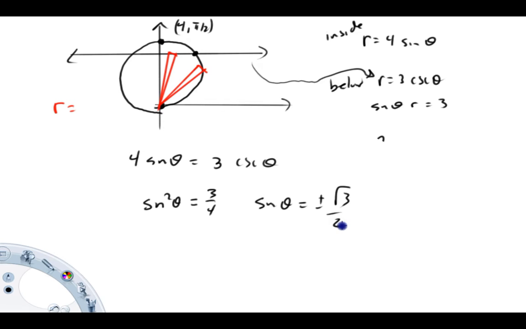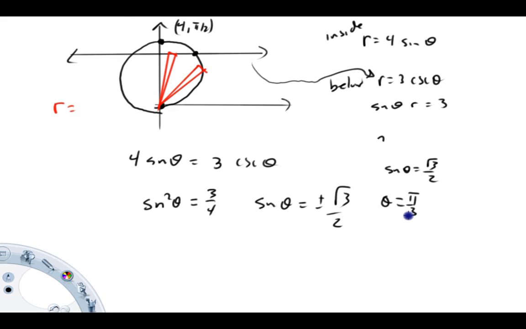Now, both the cosecant function and the sine function are positive in the first quadrant here. So we're looking for where sine theta is equal to root 3 over 2. When we take the inverse sine of that, I think we get pi over 3 out of that.